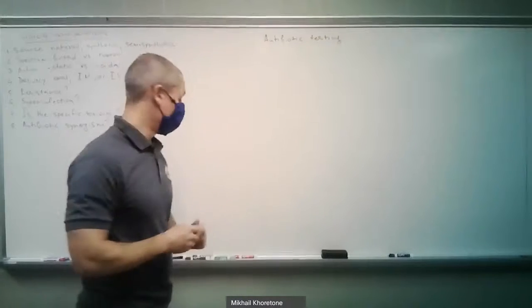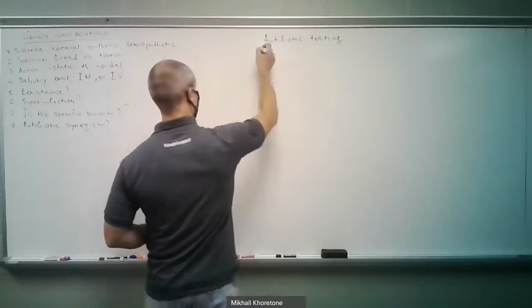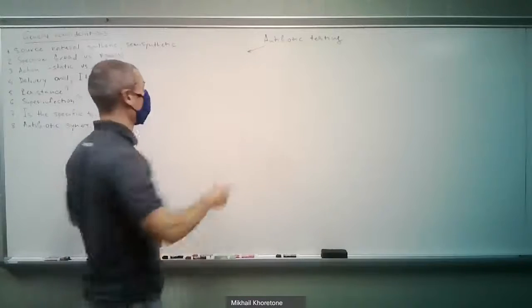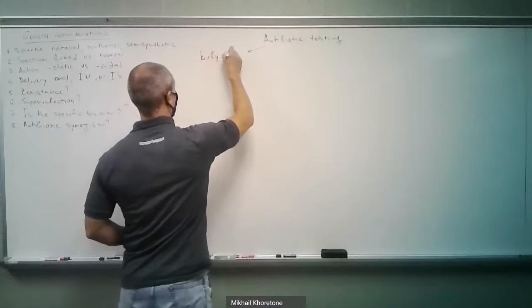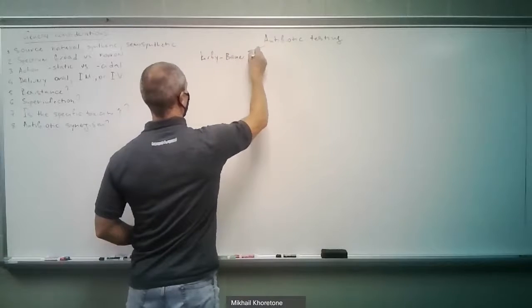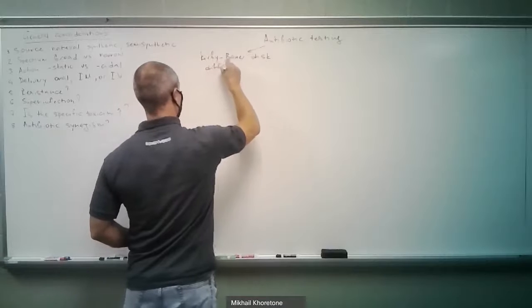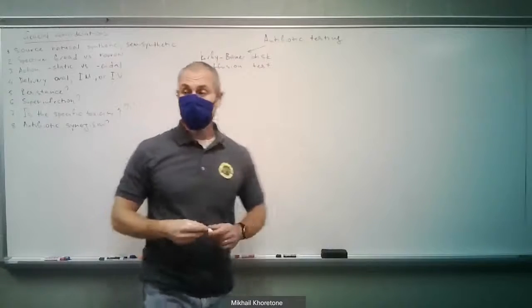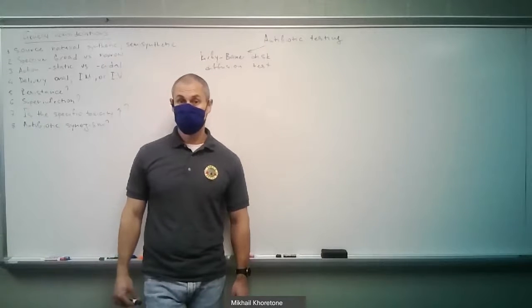I separate methods for testing into two loosely defined groups. One group, well, it's not even a group, it's a method, called the Kirby-Bauer disc diffusion test. Now that's the test that you did last week, remember?